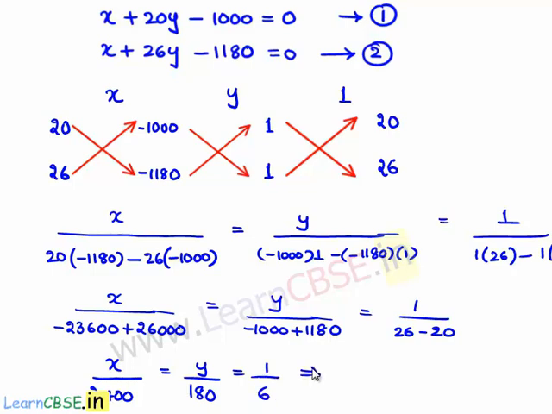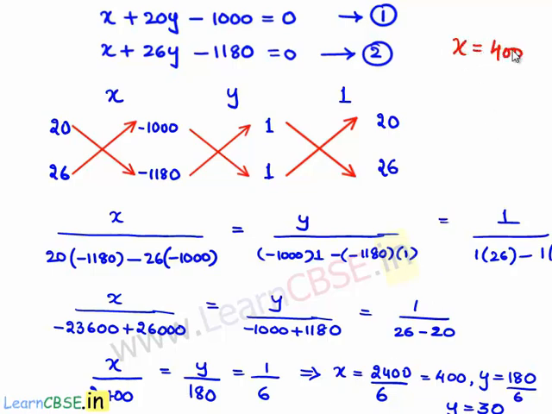So we'll be getting X is 2400 divided by 6, which is nothing but 400, and the value of Y is equal to 180 divided by 6. So Y we'll be getting as 30. So finally we found out the values of X as 400 and Y is equal to 30.